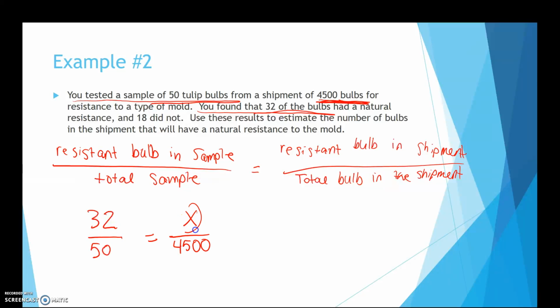So now I'm trying to find that missing value, the resistant bulbs in the shipment. What we do here is cross multiply, so I can do 50 times X to get 50X equals 32 times 4,500. That's going to give me 144,000.